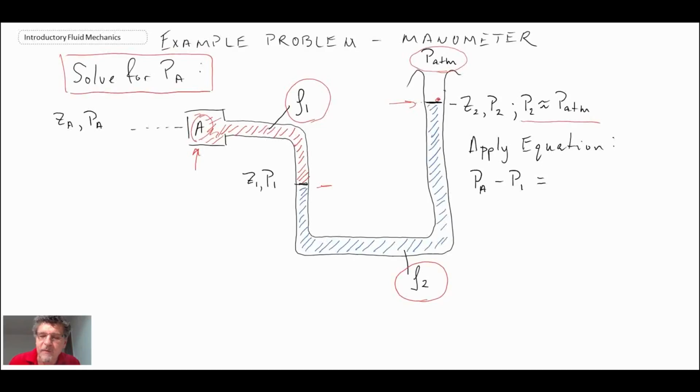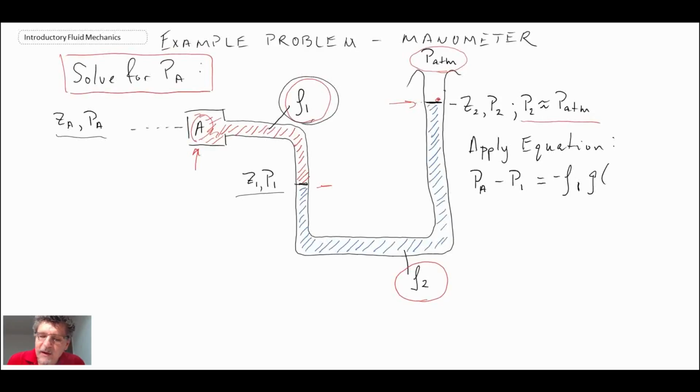That's PA minus P1, and that's going to be equal to rho. Now, which density are we dealing with? Well, if you look here, we're dealing with PA with respect to P1, so we're dealing with fluid 1. It's the fluid shown in red. So we write rho 1 multiplied by g, and then we multiply it by some difference in height.